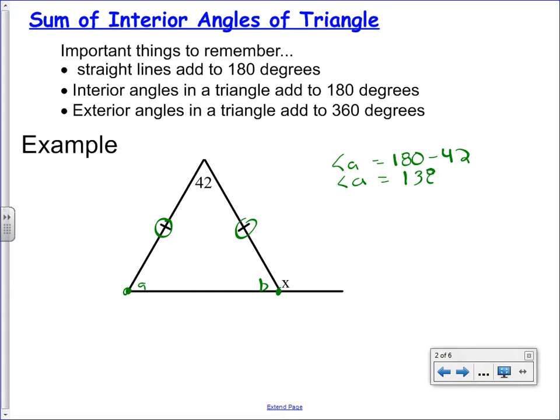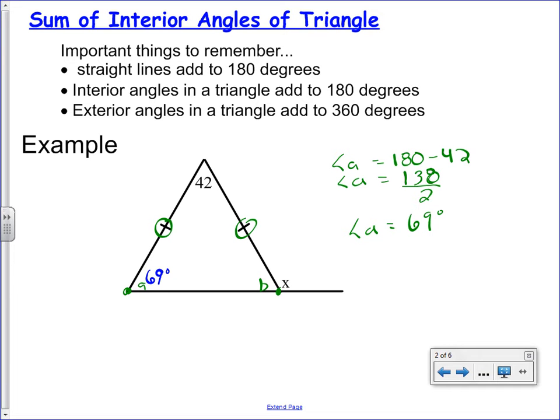So I got 138 degrees. I don't want to forget that little degree symbol. And because both of these angles are the same, I have to share it, so I divide it by 2. So angle A gave us what, Jonathan? 69 degrees. So what I want you to do so you can see things easier on your paper, once you figure out an angle, I want you to put it inside the picture.